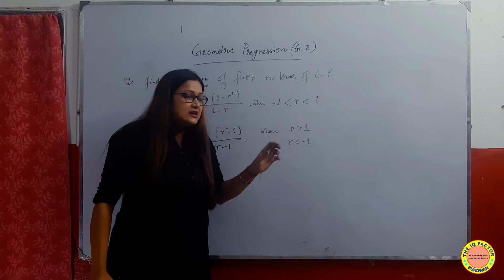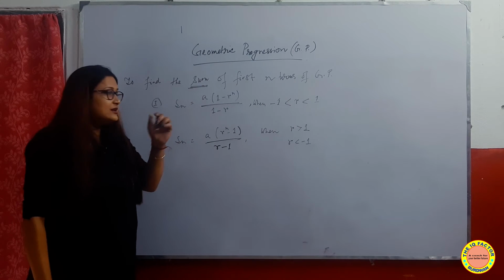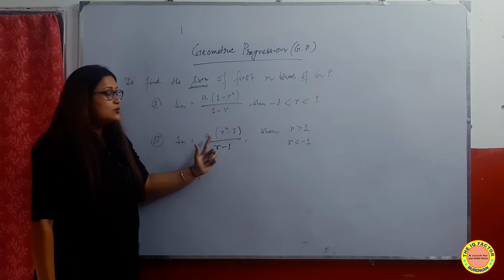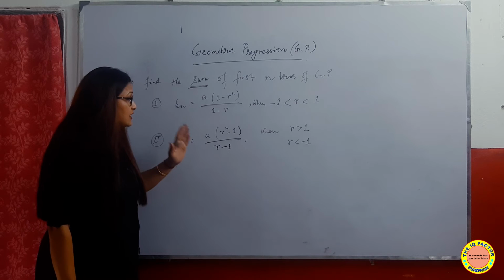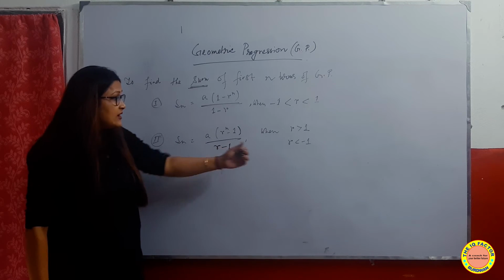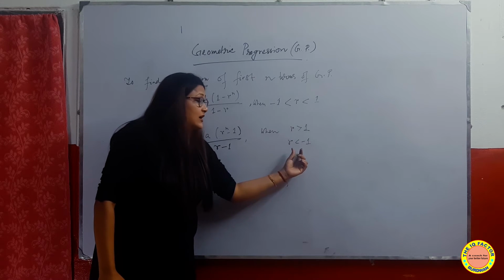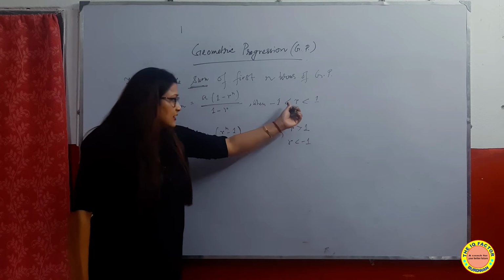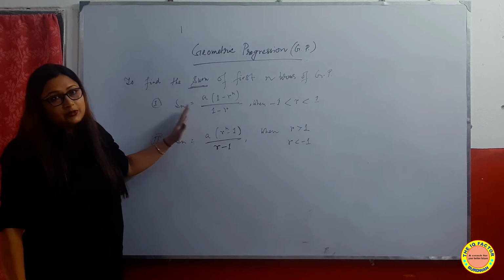Depending upon the value of r, we have to select the formula, whether Sn is that or Sn is a into r to the power n minus 1 by r minus 1. We apply this second formula when the value of r is greater than 1 or less than minus 1, and when r lies between minus 1 to 1, we apply the first formula.